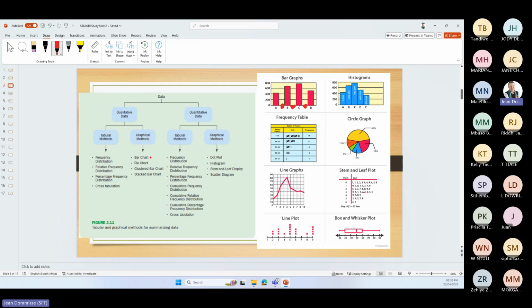Where the one that looks very similar nearly is your histogram, but your histogram is telling you the same as the bar chart or the bar graph, but it's referencing quantitative data.